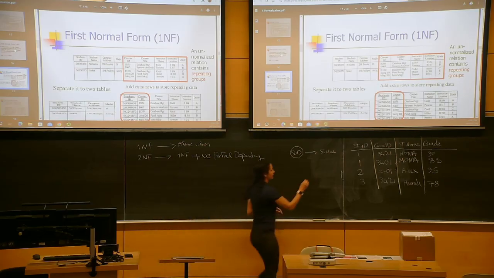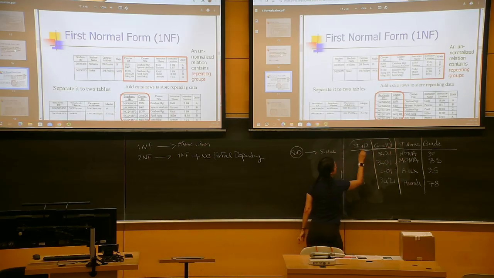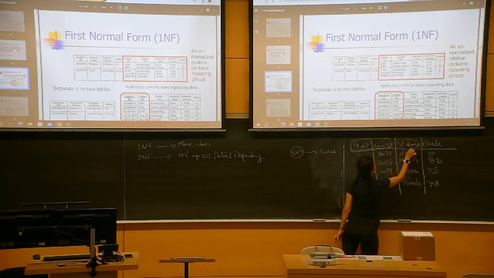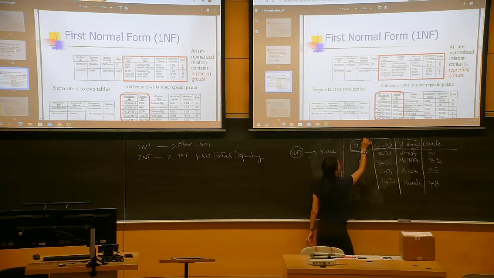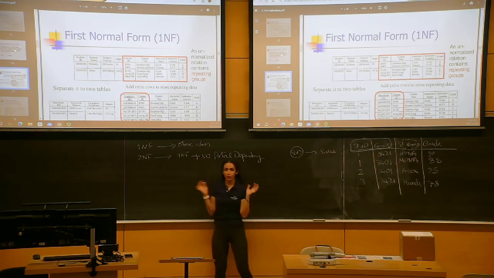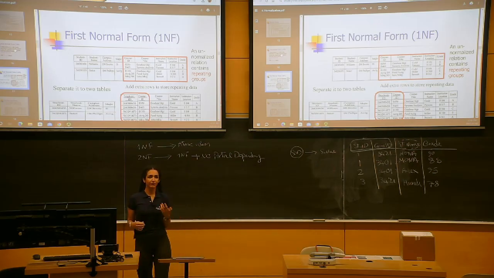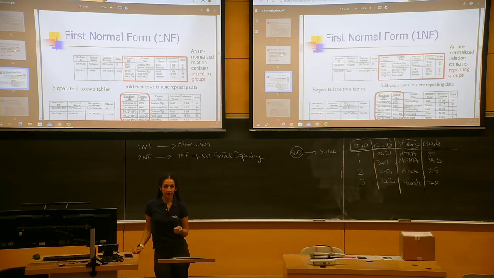Your primary key is this. So whenever you have a column that depends on only part of your primary key, not the whole primary key, that is when you have a partial dependency. So if I give you a table in the exam, when you have a single primary key, which means your primary key is only one column, can you have a partial dependency?